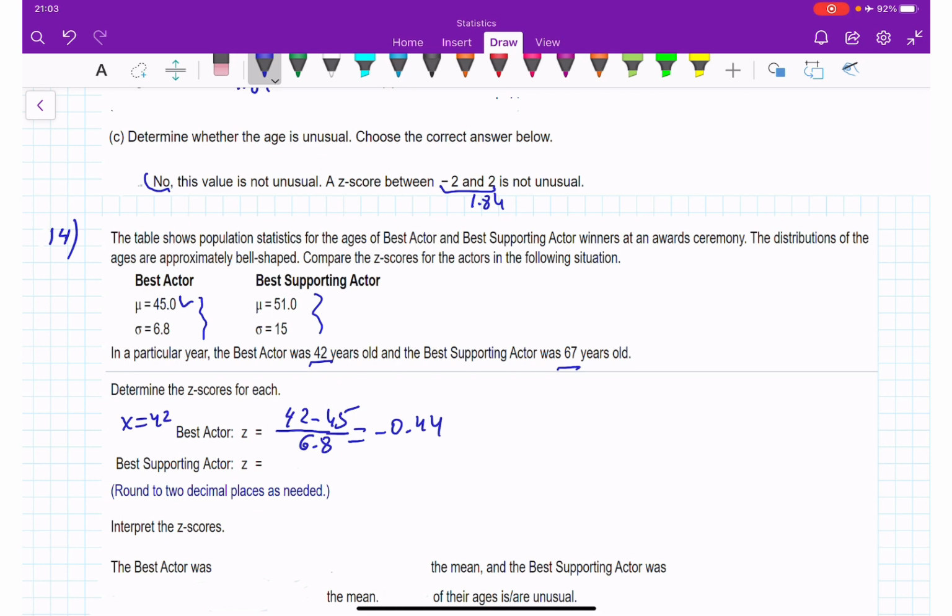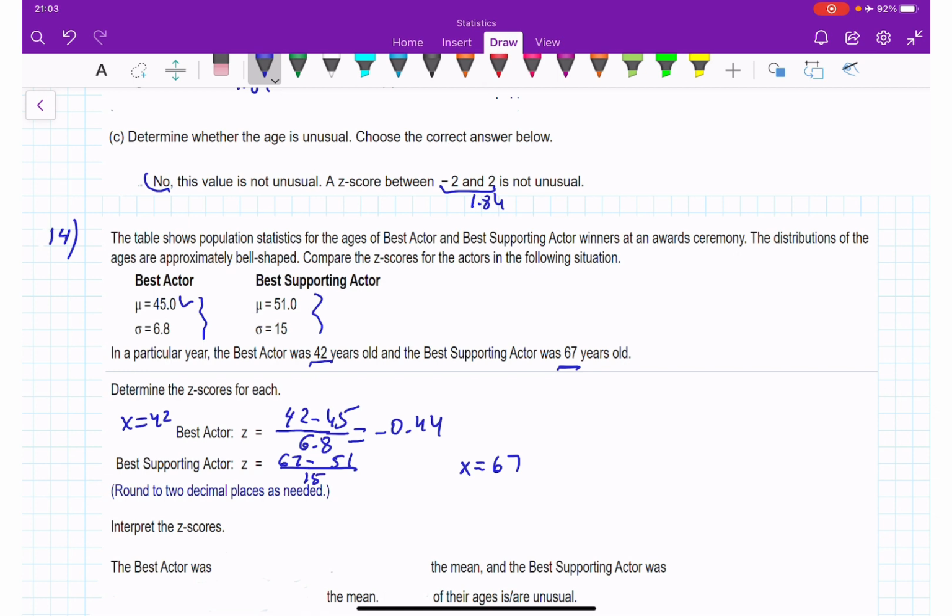See, negative, which is below average. And the z-score for best supporting actor, x is 67, which z-score is going to be equal to 67 minus mu 51 and divided by 15.